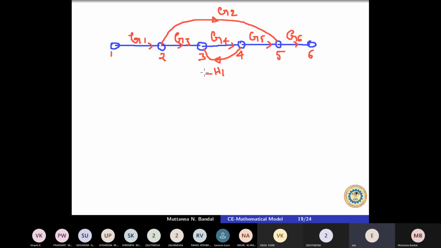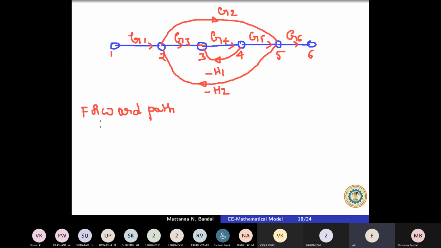And from 5 to 2, it is a backward path or feedback, I call it H2. Now I expect you to identify the forward paths. I have already given the hint for identifying the forward paths. Can you tell me the forward paths? Let me write here, forward path.